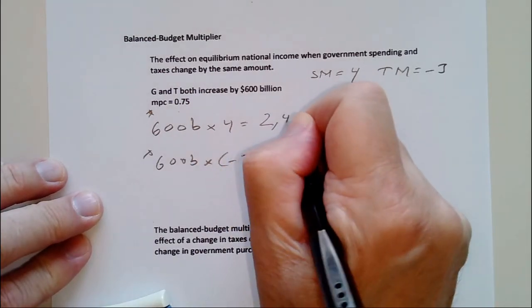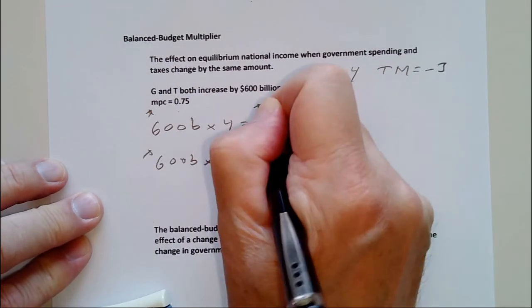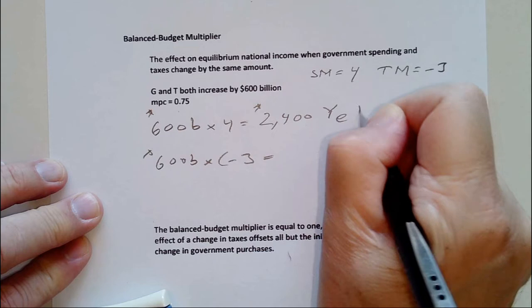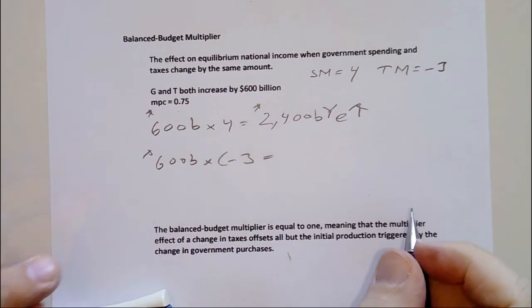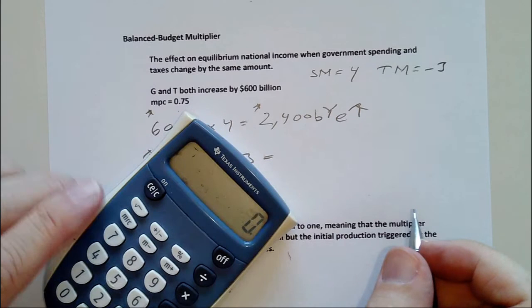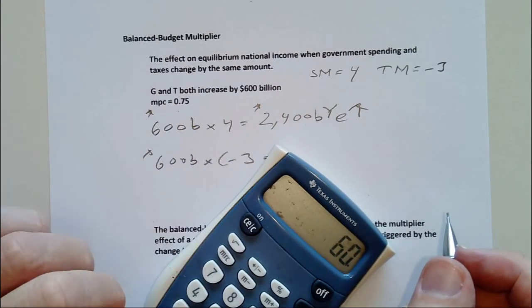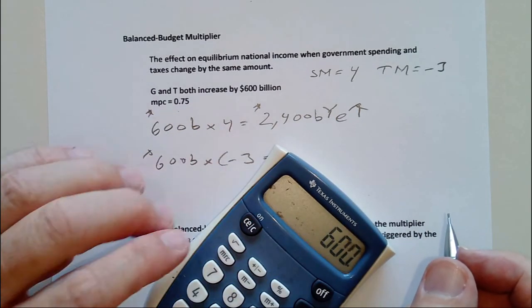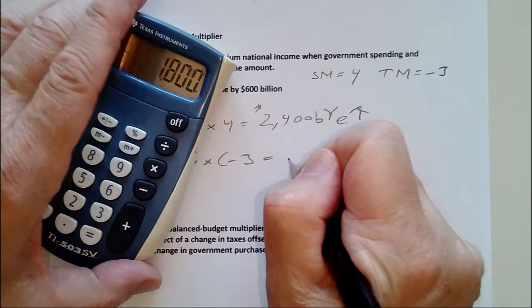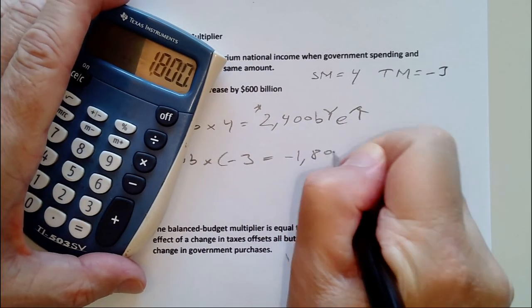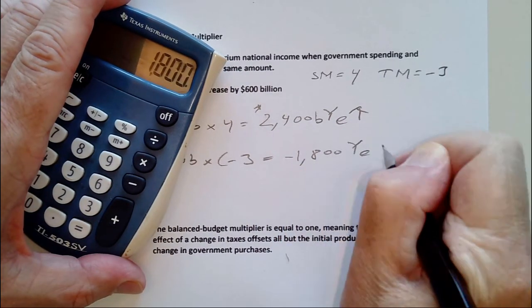So that by itself would drive up equilibrium income by $2,400 billion. But if I take my $600 billion increase in taxes and multiply it by negative 3, it would be a negative 1,800, and that would drive income down.